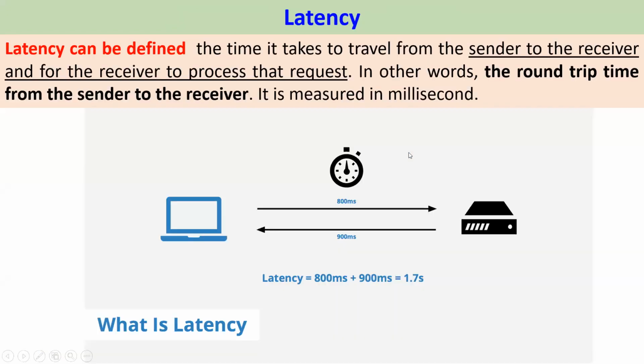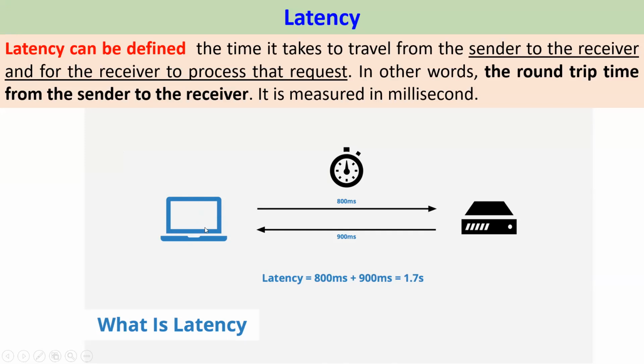First one, latency. Write down the topic, latency. Right. Latency actually means the round trip time. That means the time taken to travel from one end to the other and vice versa. For example, suppose in this diagram your data starts traveling from the left end, the computer.